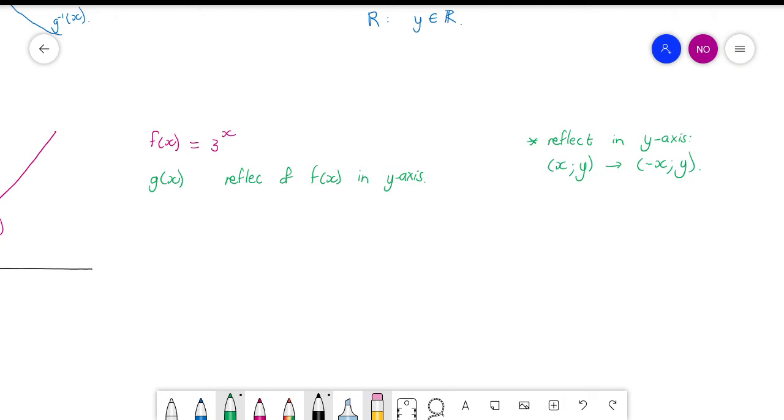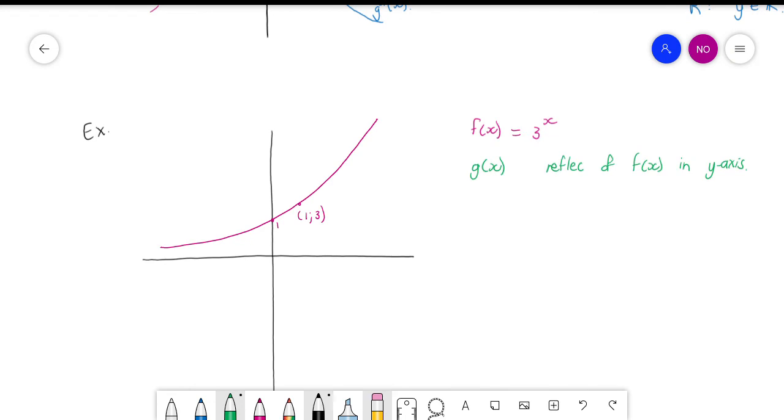You guys remember that? If you reflect something in the y-axis, then the y value stays the same, but the sign of the x value changes. Sort of? So this is not an inverse. It's just a reflection. In other words, if I draw g of x, it's going to look something like this.